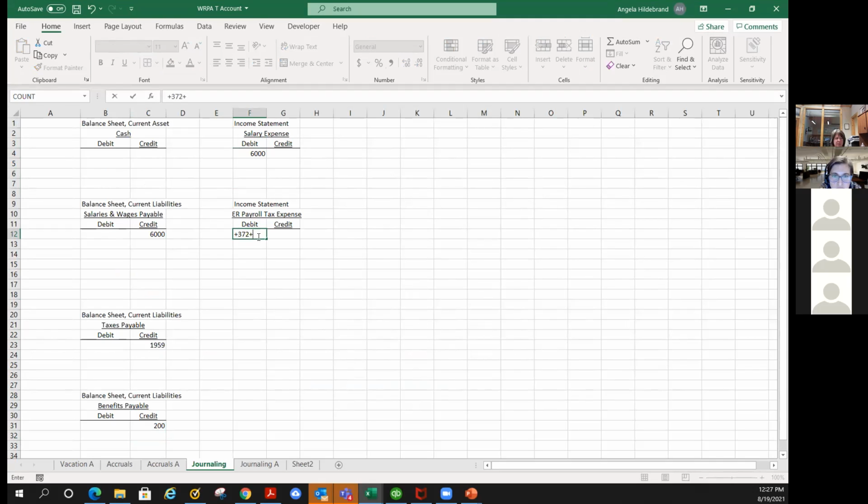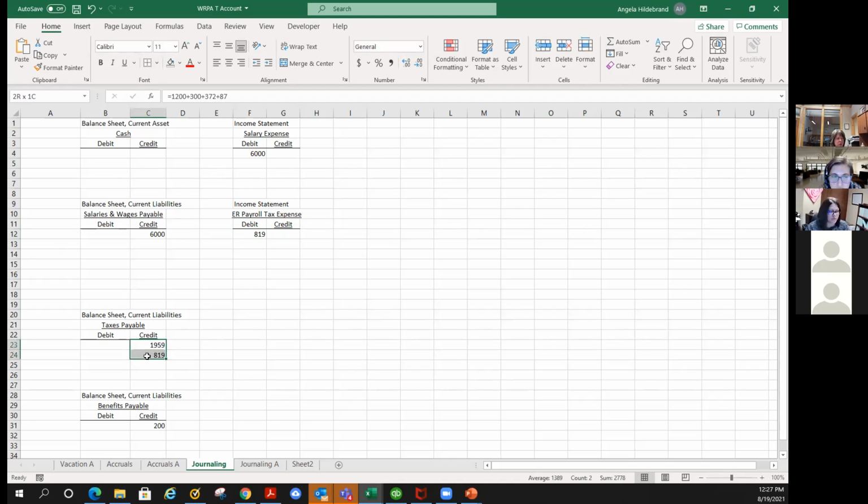So the company incurs $372 to match the Social Security, $87 to match Medicare, $36 for unemployment, and $324 for state unemployment, really high state unemployment. So that is a liability to pay those taxes, right? So it's $819. So the company's total payable to the government for taxes is the employee's share plus the employer's share, right?